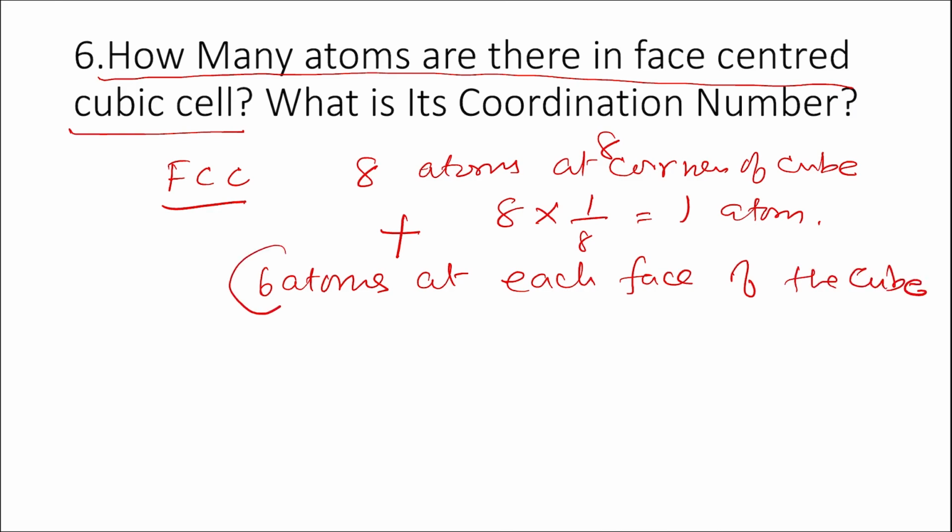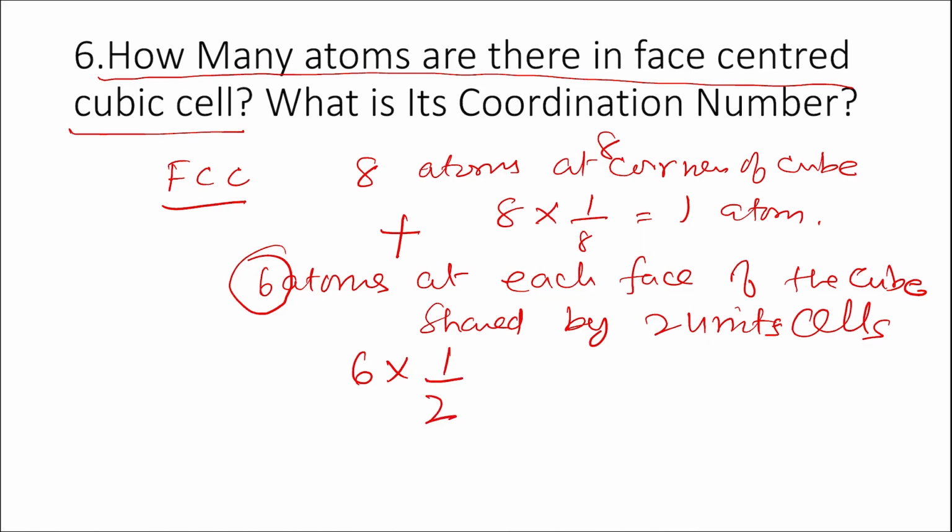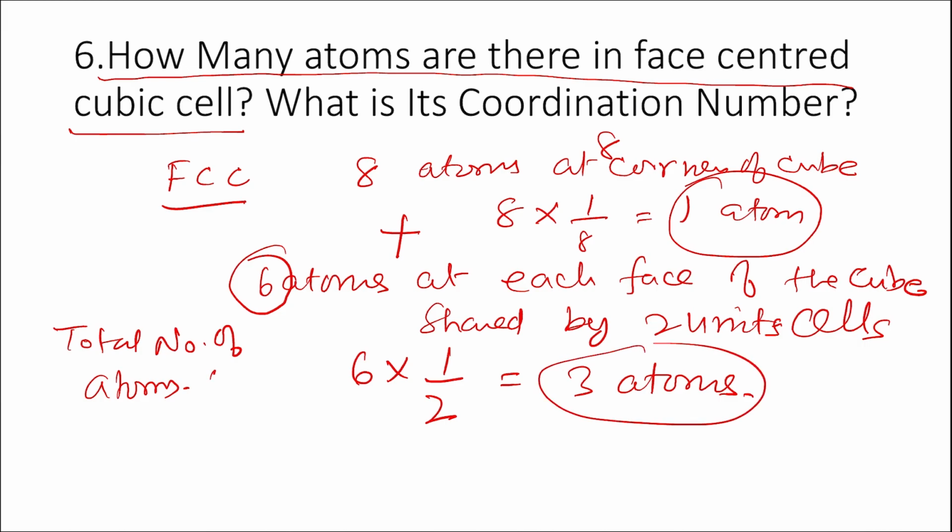and all the 6 face atoms are shared by 2 unit cells, so the effective number will be 6 into 1 by 2, that is 3 atoms. So the total number of atoms in face-centered cubic cell will be 1 atom plus 3 atoms, 1 plus 3 is equal to 4 atoms.